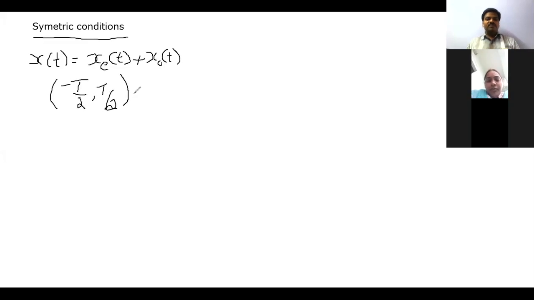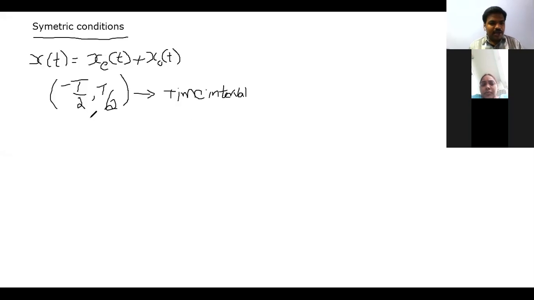Based on our convenience, we have considered the time interval from minus T by 2 to plus T by 2. So I have considered one periodic signal and defined its time interval, minus T by 2 to plus T by 2.